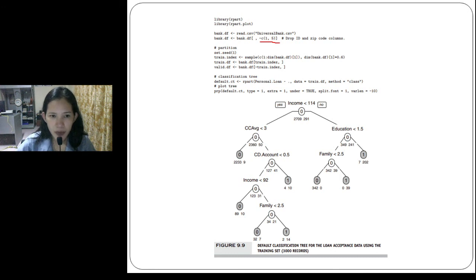Another example rule is if Income is greater than or equal to 114, Education is less than 1.5, and Family is greater than or equal to 2.5, then the class is 1.